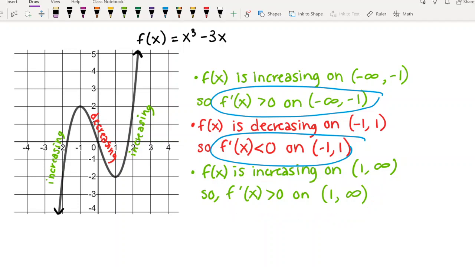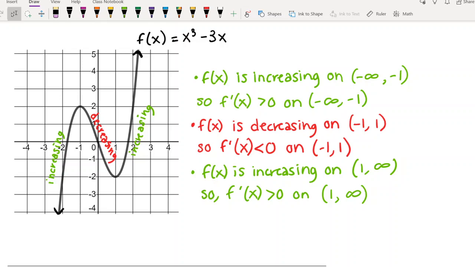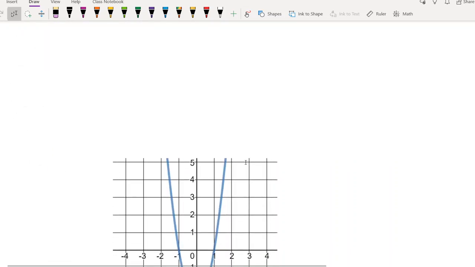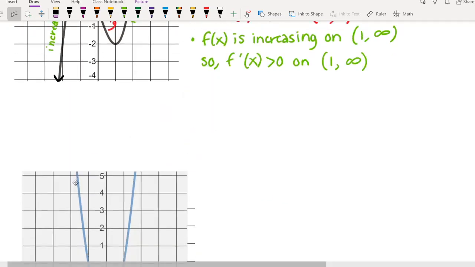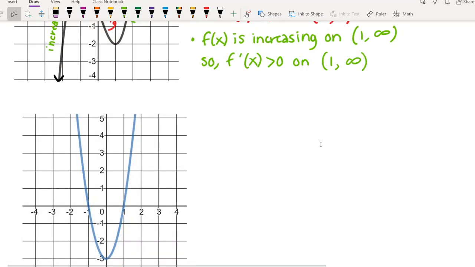We know that f of x is increasing and decreasing, and that tells us that the first derivative is positive and negative. So the derivative of our function is a parabola, right, because the original function was x cubed minus 3x, so the derivative is 3x squared minus 3.